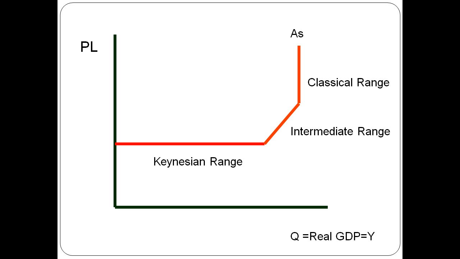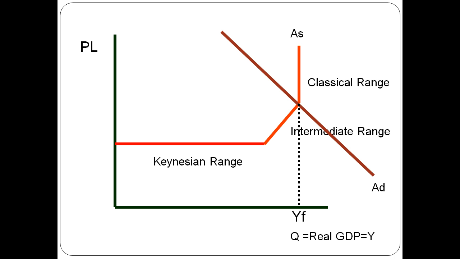So aggregate supply is, like I said, broken into three sections in this new Keynesian model. Where you want aggregate demand to be is right where the intermediate range intersects the classical range. So right at the top of the intermediate range is where you want aggregate demand to be.